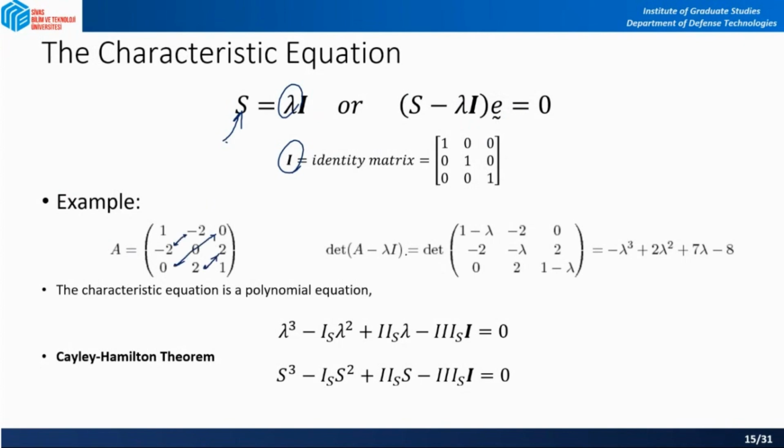If you calculate the determinant of A minus lambda I, which is the same thing as S minus lambda I here, you will come up with this equation, and from this equation you will find the values of lambda. Those are your eigenvalues.